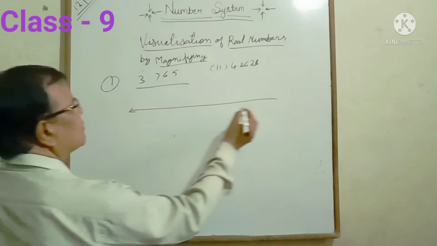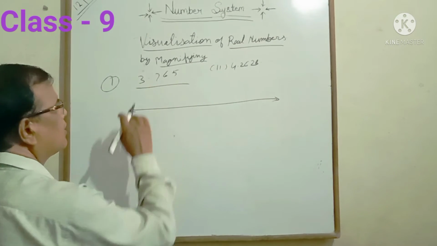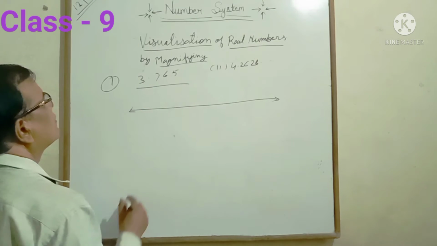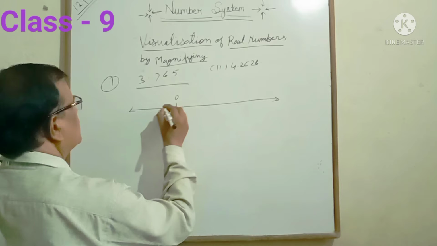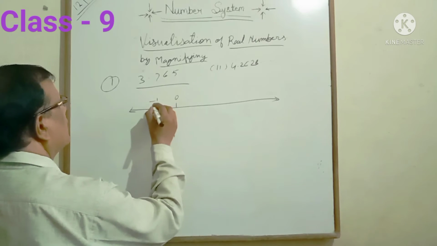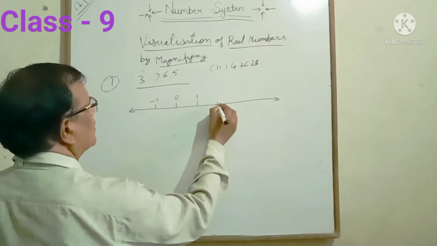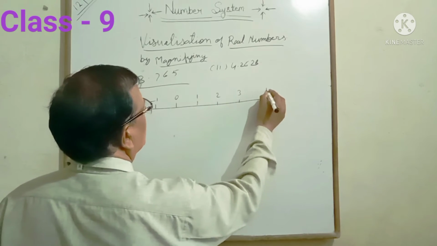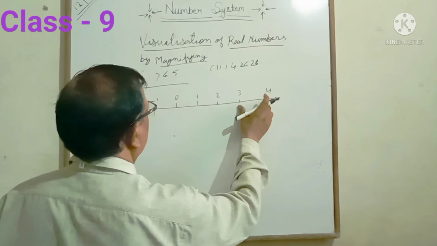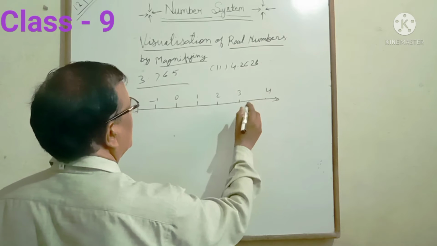It means its value is more than 3 and less than 4. So first we write the numbers: 0, then -1 here, and 1, then 2, then 3, then 4. Now we magnify this portion because the value lies between 3 and 4.